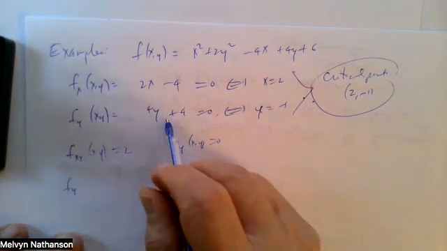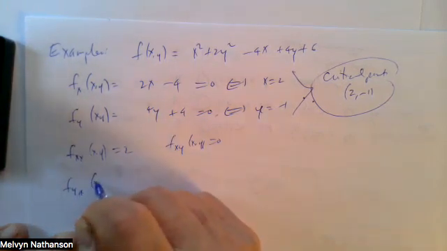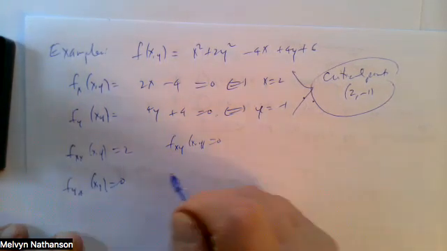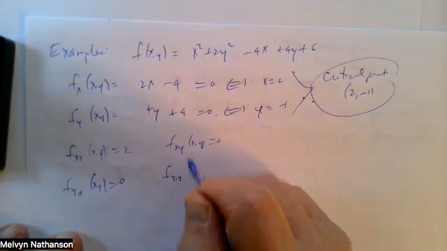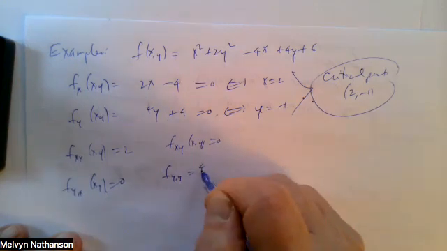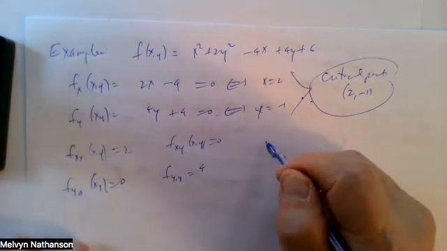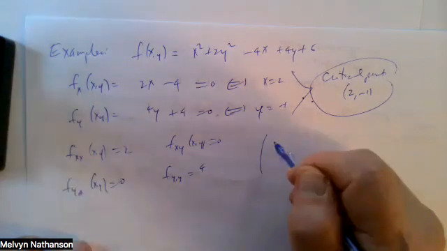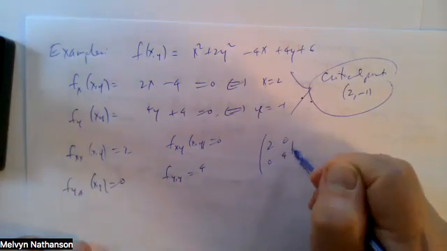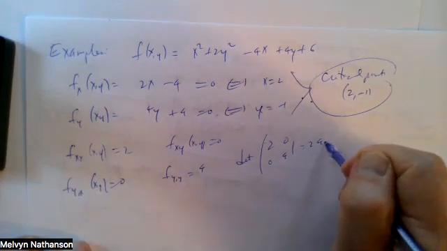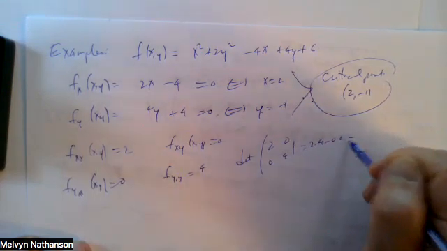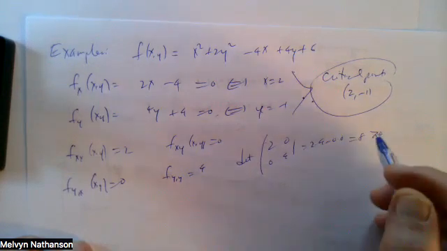If I differentiate first with respect to y and then with respect to x, I get 0. And if I differentiate twice with respect to y, I get 4. So the determinant that I'm looking at is 2, 0, 0, 4. This determinant is 2 times 4 minus 0 times 0. That's 8, which is positive.